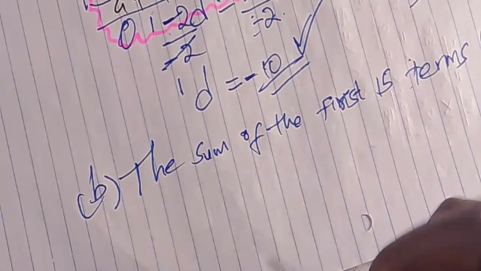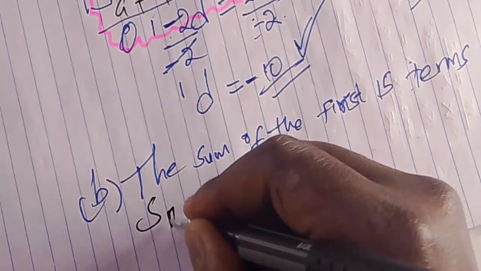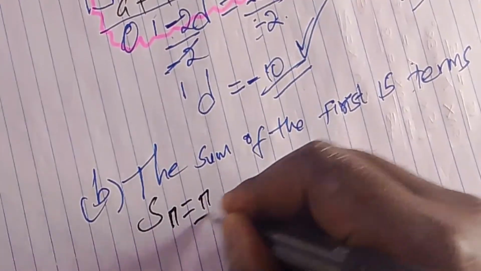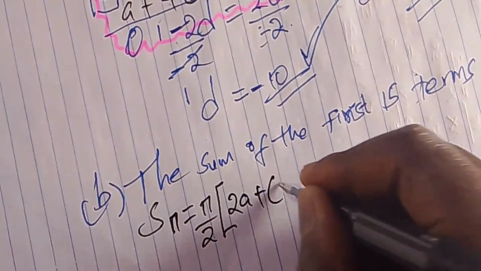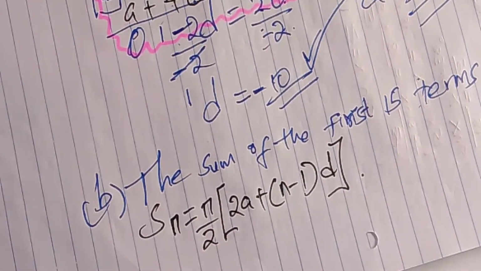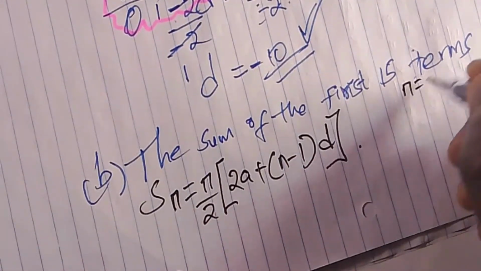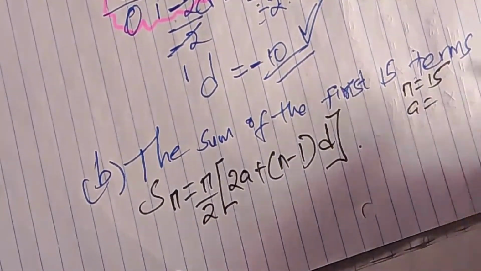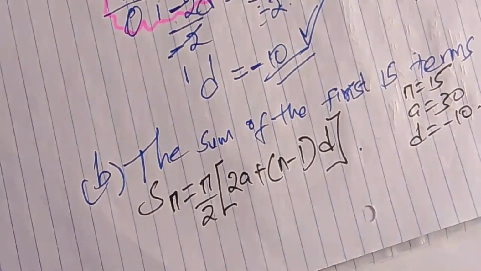The formula for the sum, we know: the sum of n terms is n over 2 into brackets 2a plus n minus 1 d. Our n we already know is 15, our a we already found is 30, and our d is negative 10.